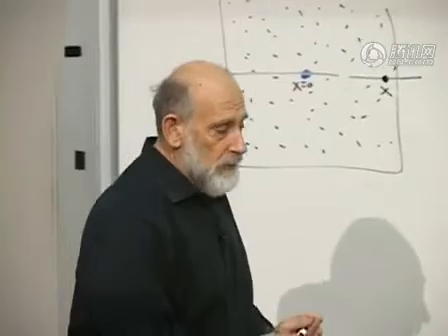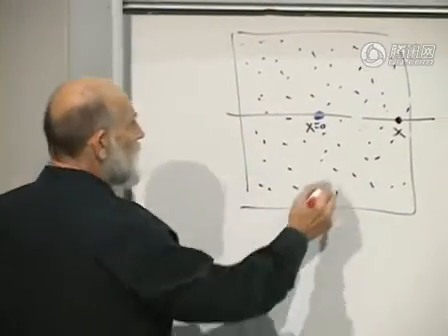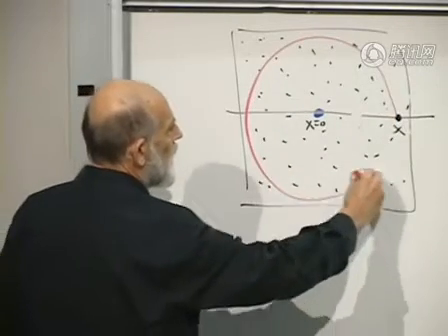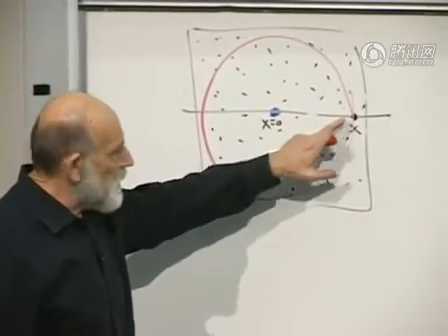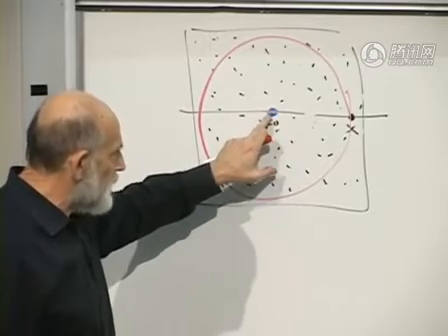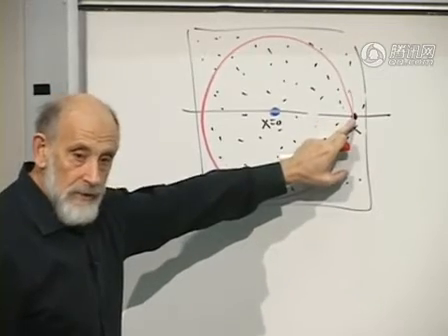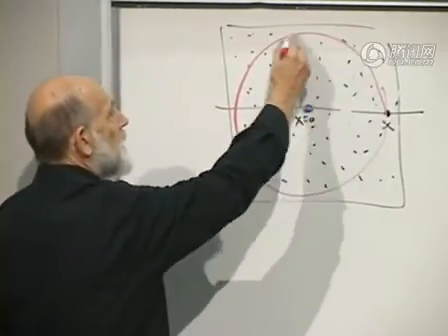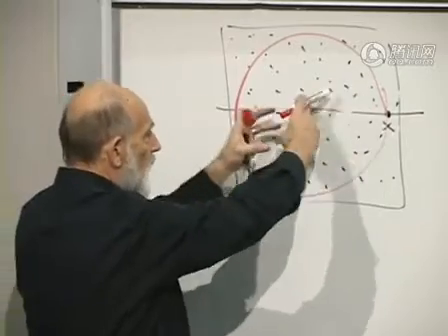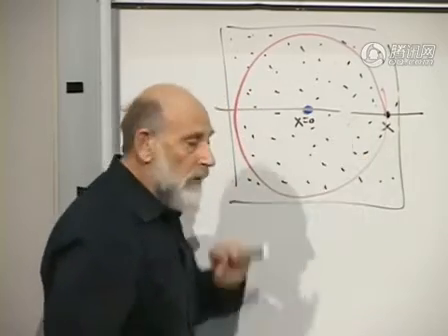Well, what we do is we draw a sphere. Knowing that everything is isotropic, we can draw a sphere centered at x equals 0, and using Newton's theorem tells us that the force in this frame of reference at rest with respect to this galaxy, the force on the other galaxy over here is exactly the same as if all the mass on the interior of this red shell were concentrated right at x equals 0, and all the other galaxies on the outside don't exert any force on it.